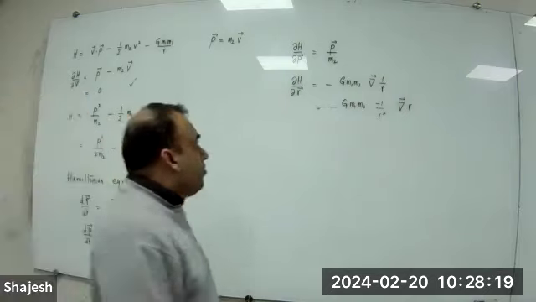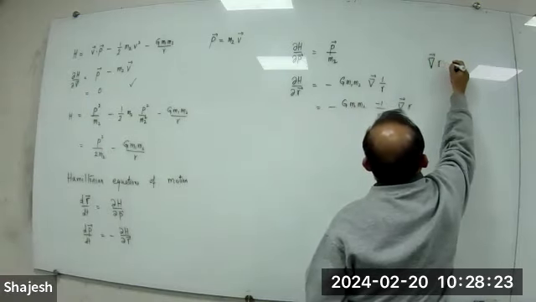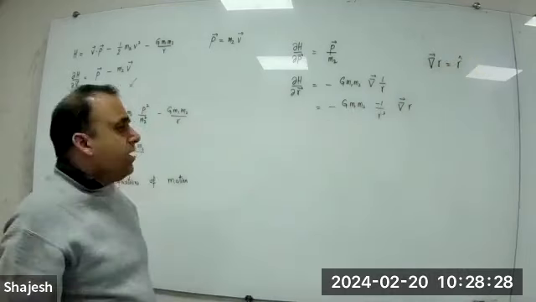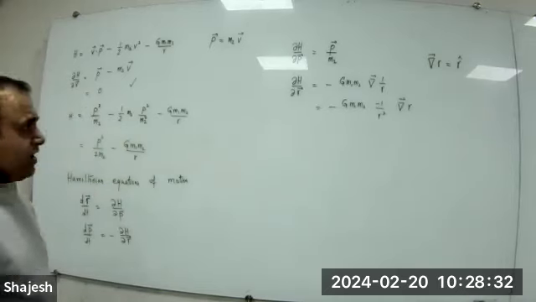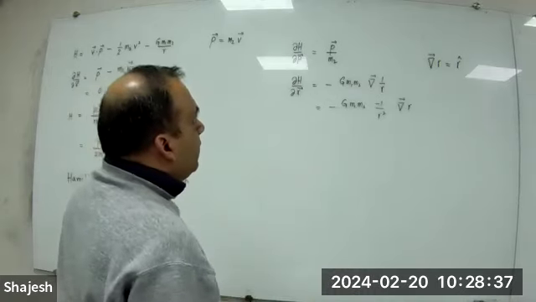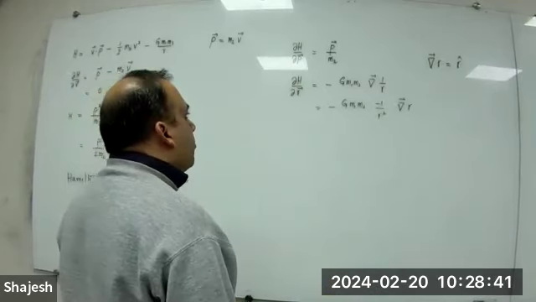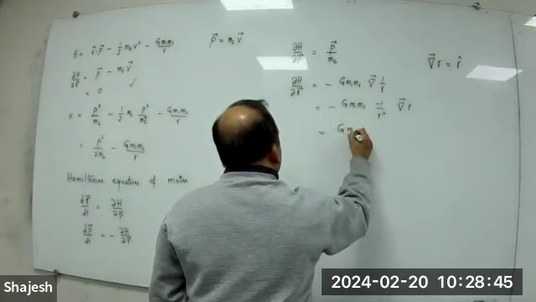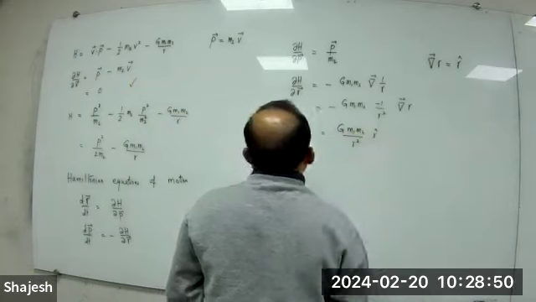And the gradient of R is good to remember, this is R hat. A very useful identity in electrodynamics or any vector calculus. It's a sort of axis independent or basis independent representation. So that's equal to G M1 M2 over R squared times R hat.